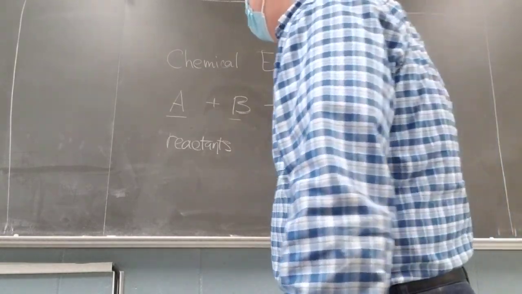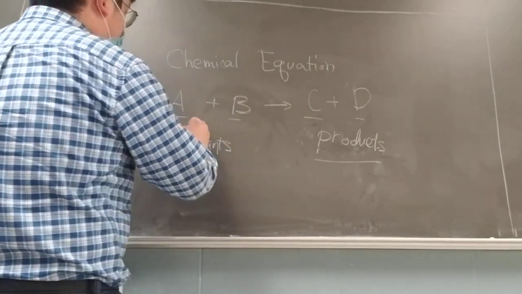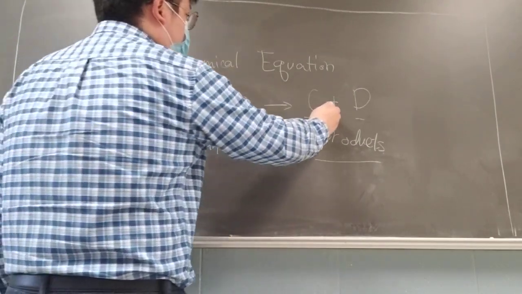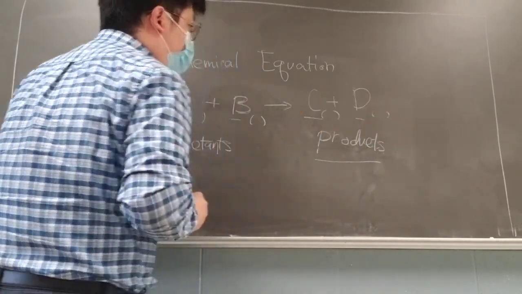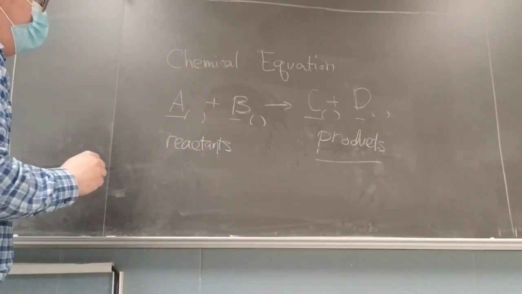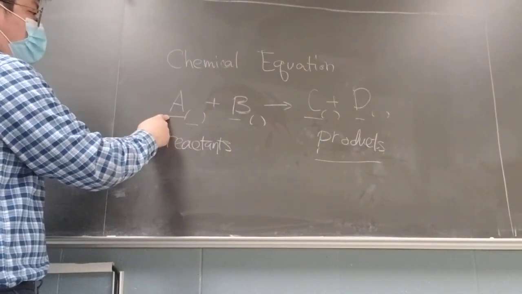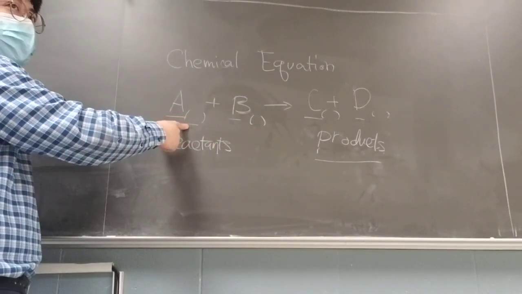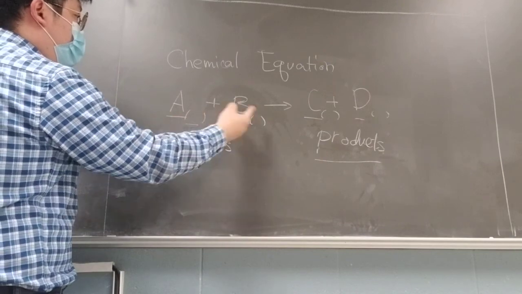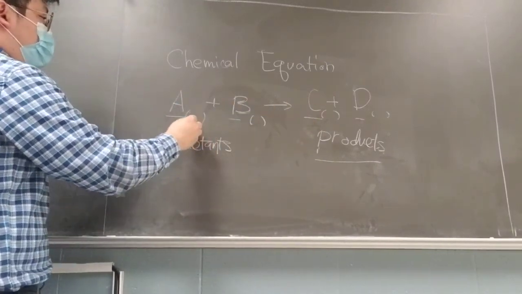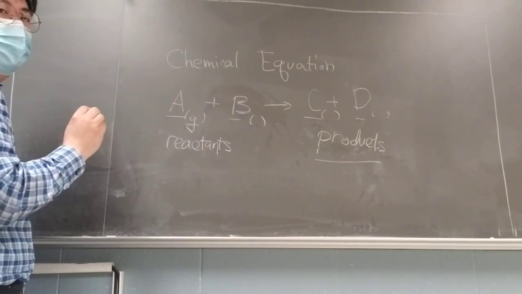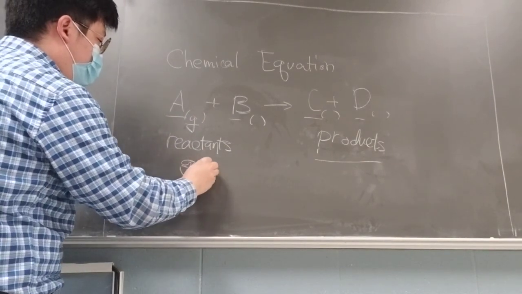Then a couple more things. You're going to have a small subscript in the bottom right corner of each compound, and it tells you the physical state of that compound in that position in the chemical reaction. If we put G over here, it means gas phase, gas molecules.